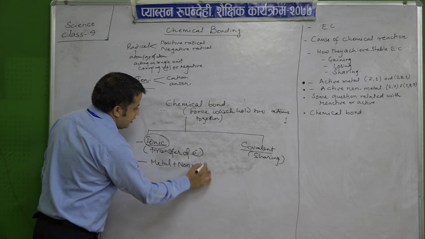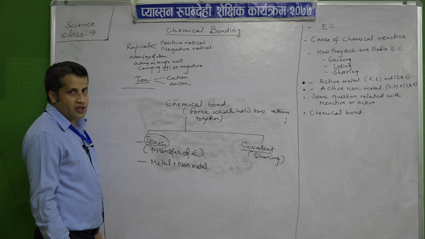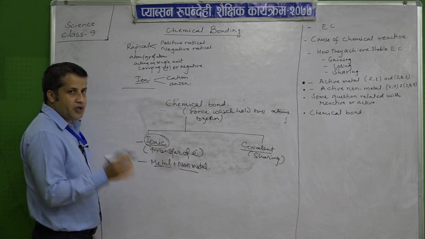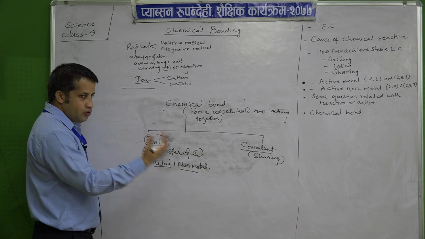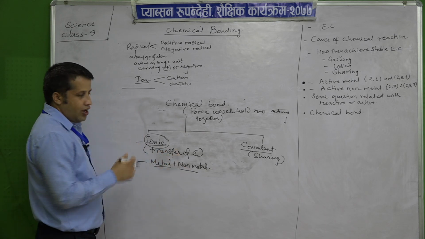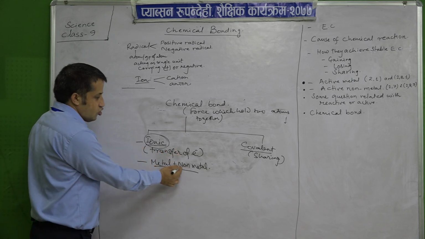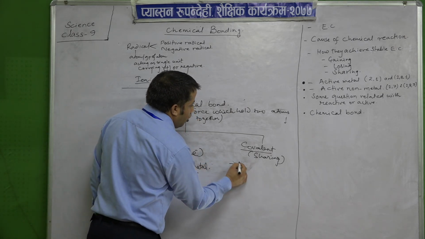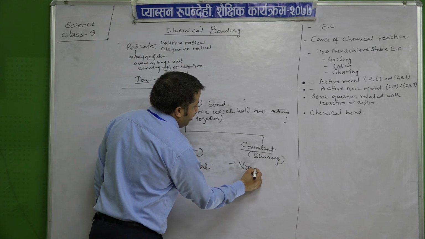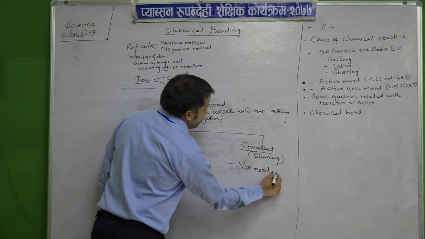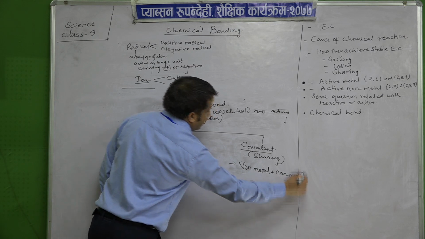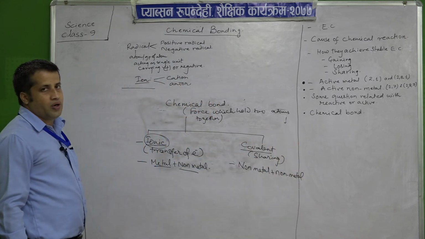This bond is formed between metal, which will lose, and another one which will gain, that is non-metal. But in case of covalent, there will be only non-metal and non-metal. So, both non-metal elements are involved in covalent bonding.